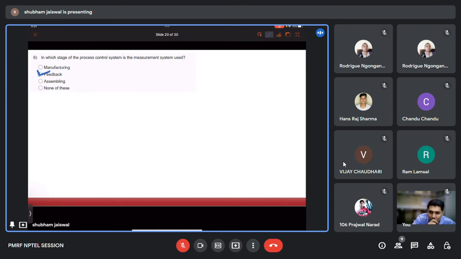Limit means under what limit we should keep our process. To keep that in mind, we should take the feedback from the output and provide it to the process control. So the measurement is involved in our feedback loop, or in the feedback system.